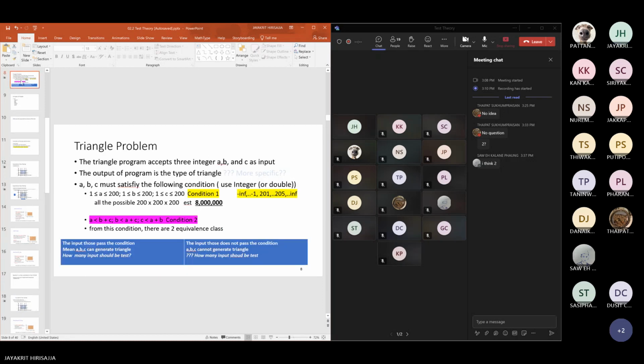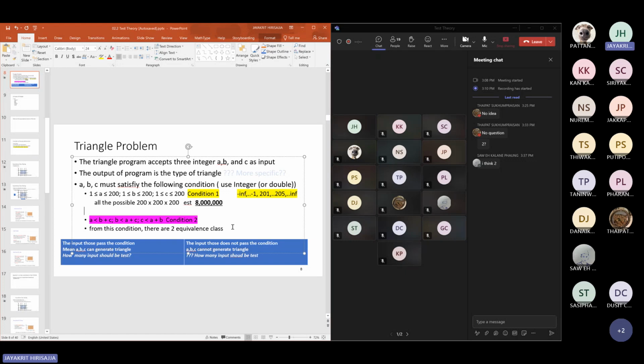From this, how many equivalent classes? For weak normal, we have 1, 2, 3 inputs, right? From this condition, we have three equivalent classes.